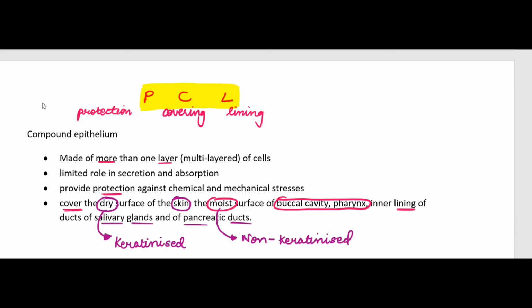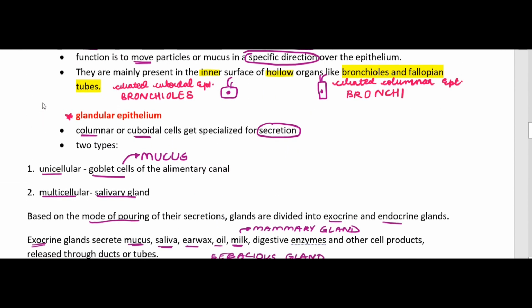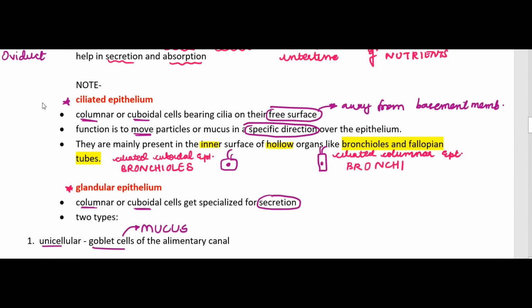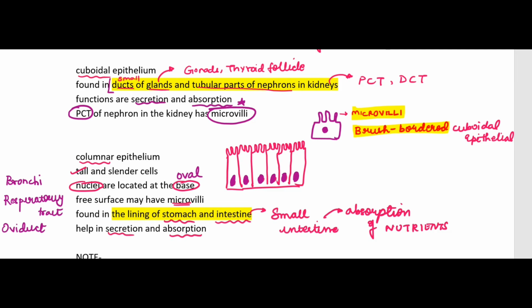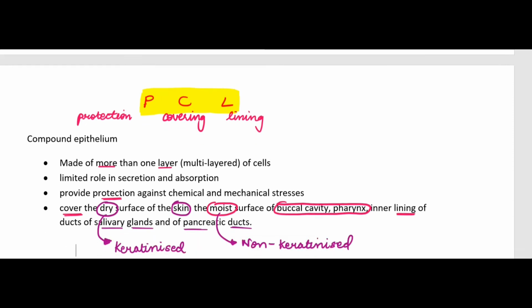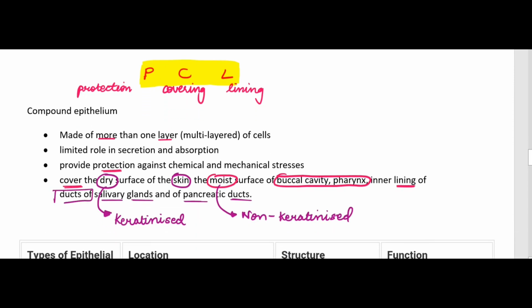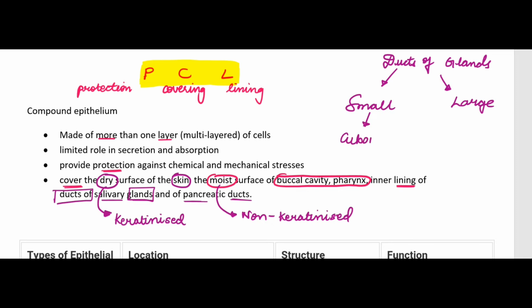When it comes to lining, remember, small ducts are lined by cuboidal epithelium. I gave the examples of gonads and thyroid follicle. In gonads, the cuboidal epithelium forms the layer called germinal epithelium, whereas the lining of large ducts like salivary glands and pancreatic ducts comprises compound epithelium.